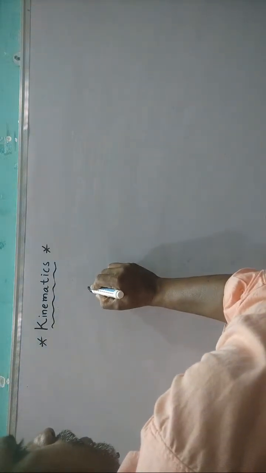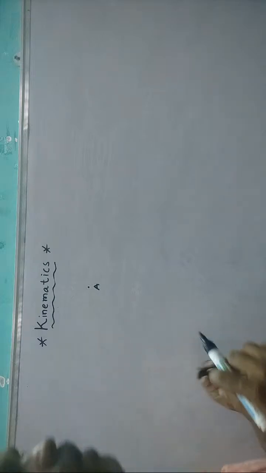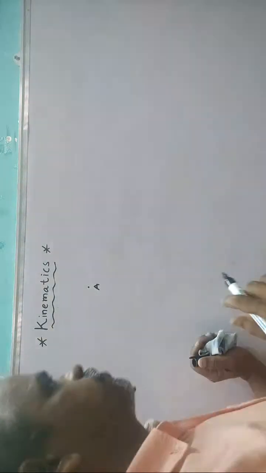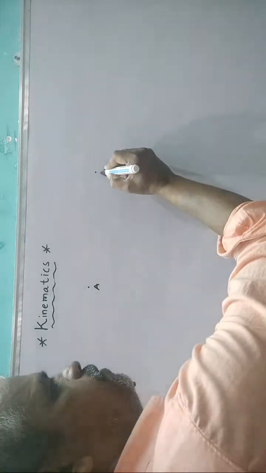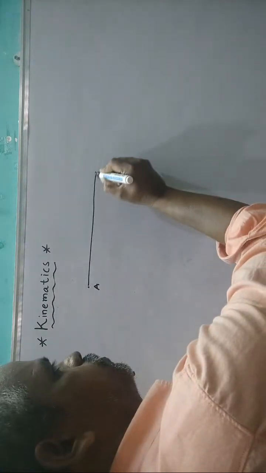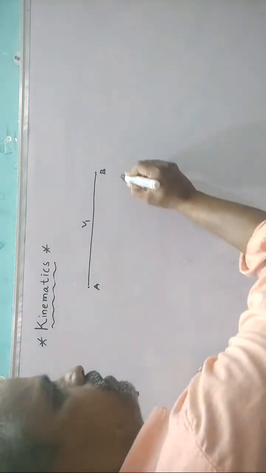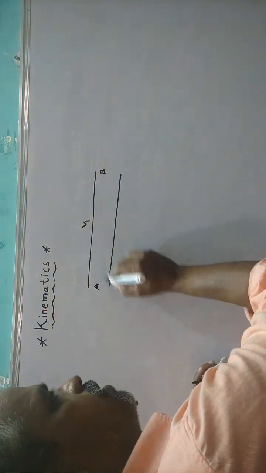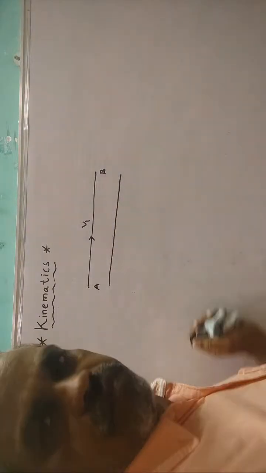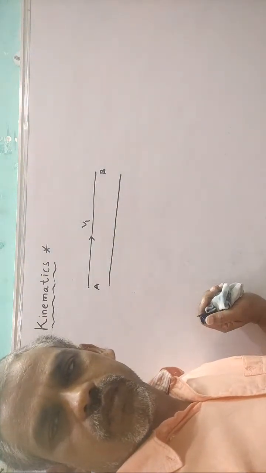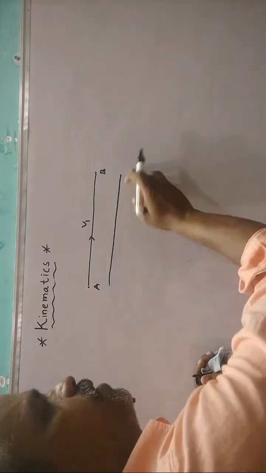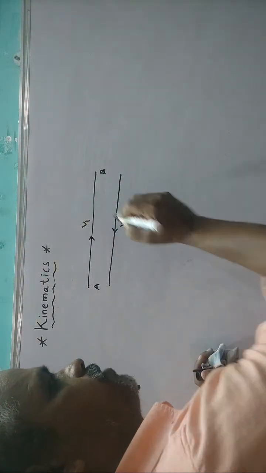See here, a particle or a body starts from A, reaches B with velocity v1, then comes back. It travels from A to B with v1 velocity, then comes back from B to A with v2 velocity.